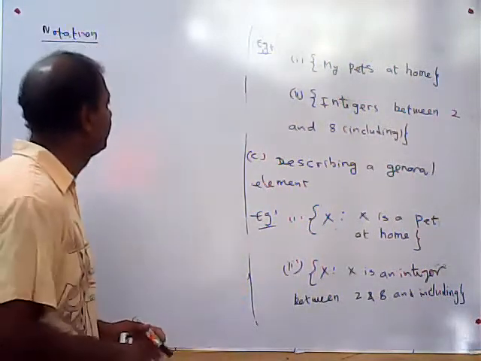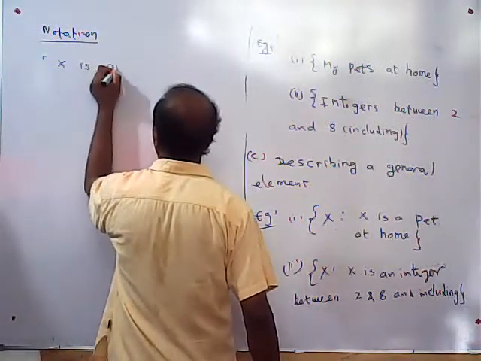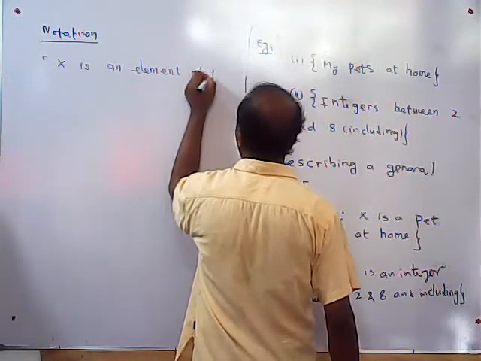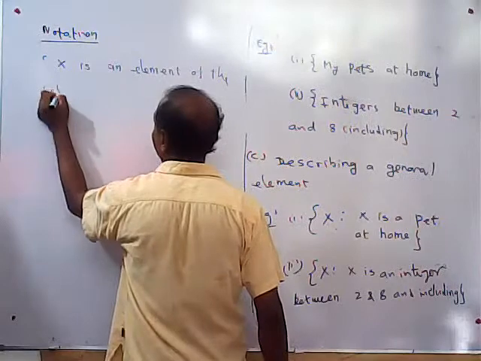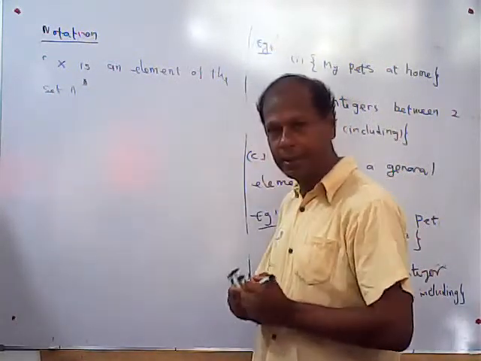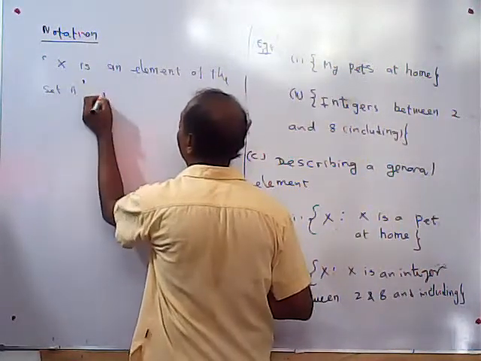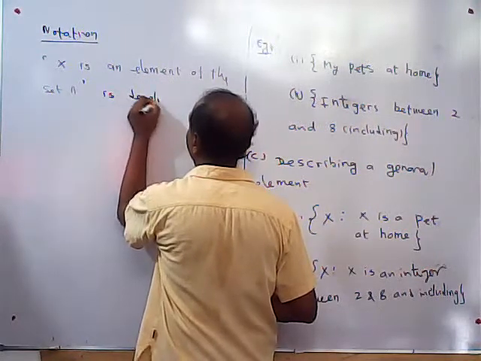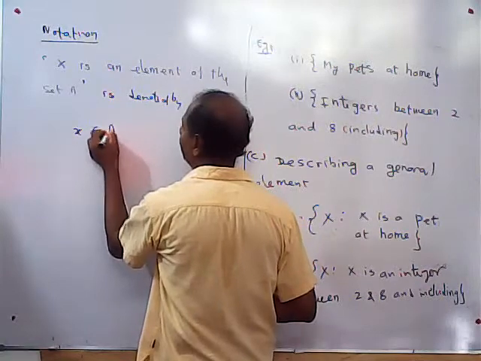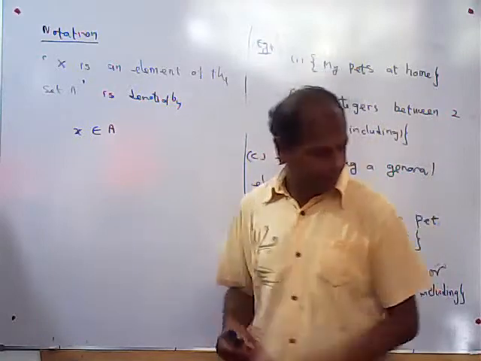Right. Then the notation, x is an element of the set A. This is the notation to say that x is an element of A or x belongs to A, right?